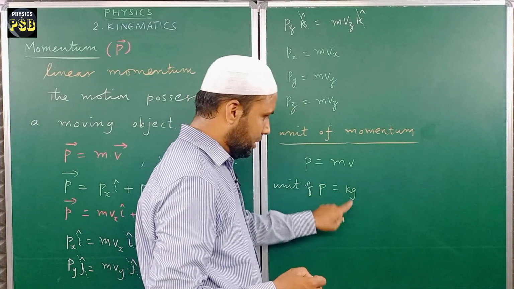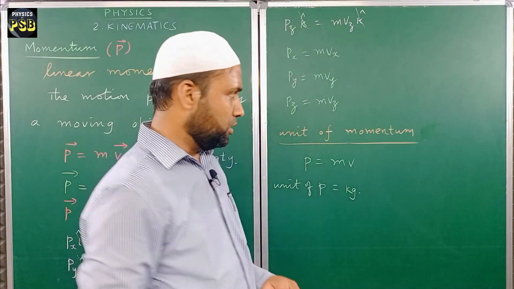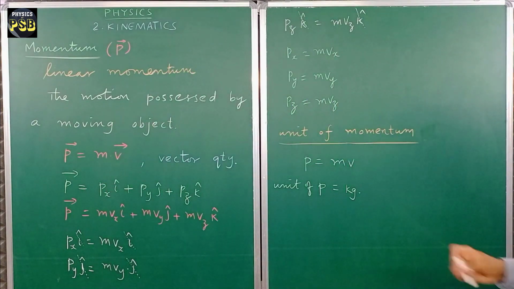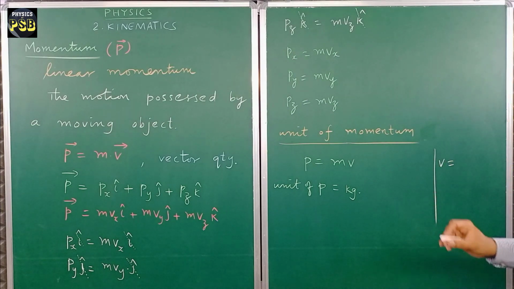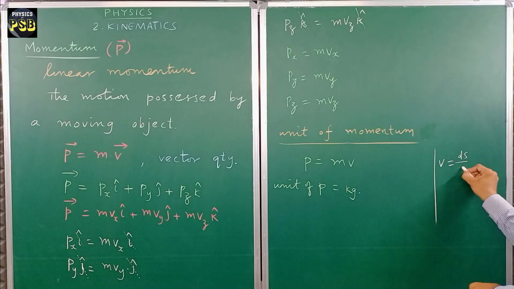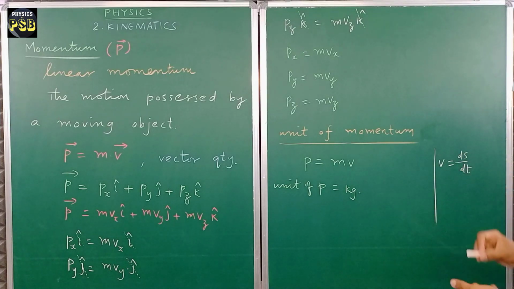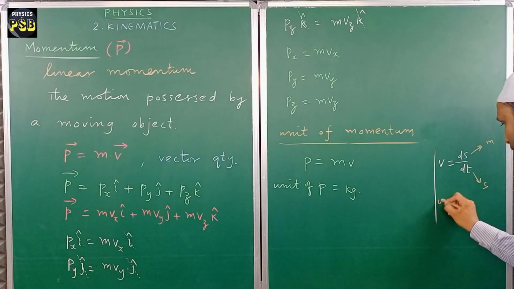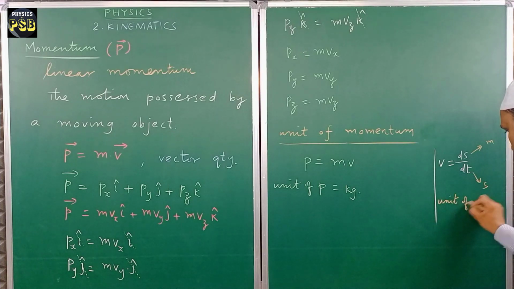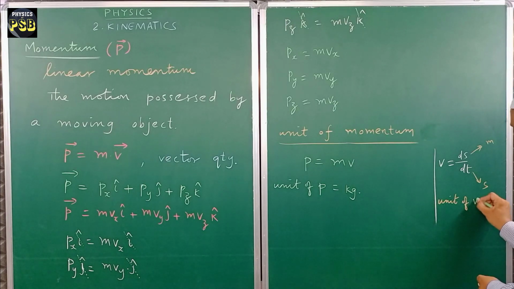And velocity? Velocity is nothing but the rate of change of displacement. Displacement is measured in meter. Time is measured in second. So the unit of velocity is meter per second.